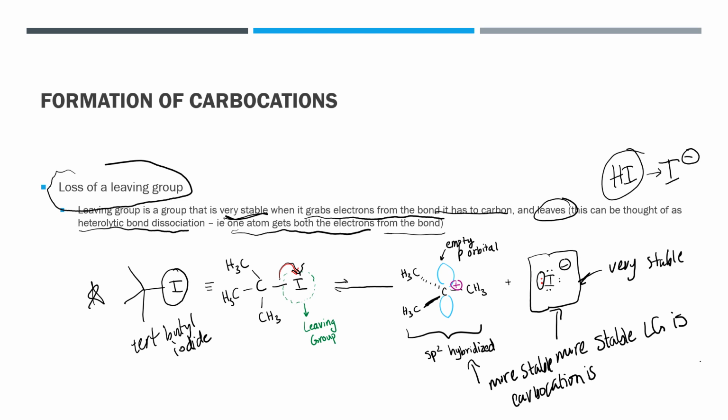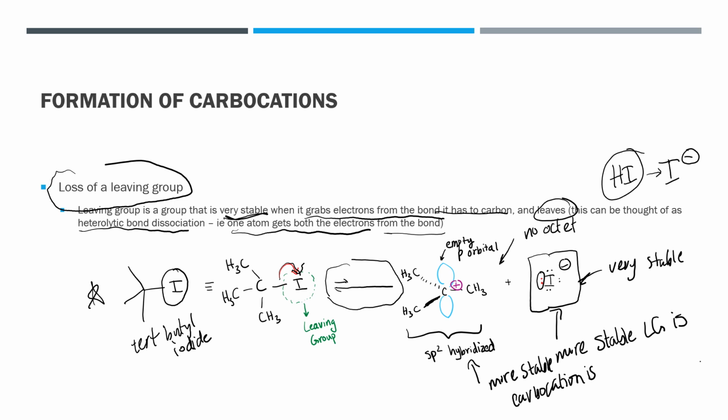If we have more stable leaving groups and more stable carbocations, this right side is going to be overall more stable, and that's going to cause this reaction to occur to a greater extent. You can see that I've drawn the equilibrium arrows very much favoring the left side. And this is true, because this carbocation doesn't have an octet, no octet.